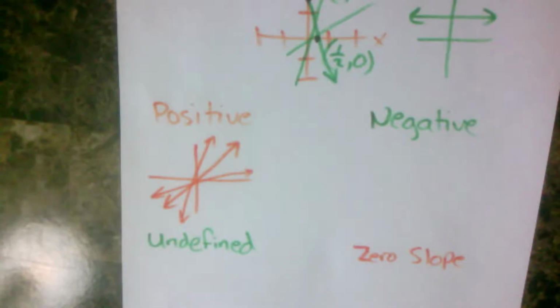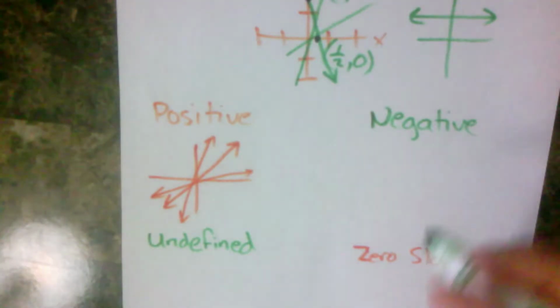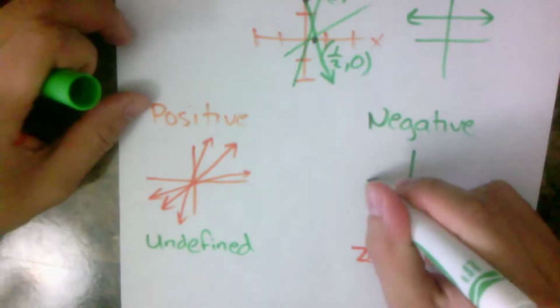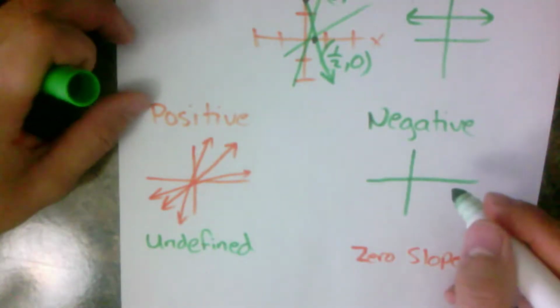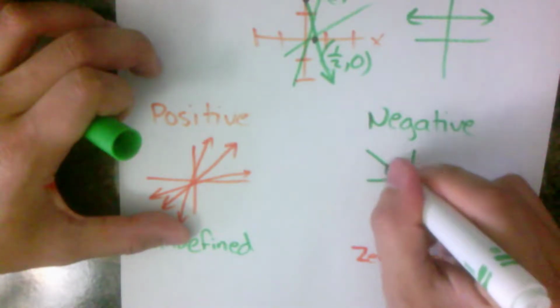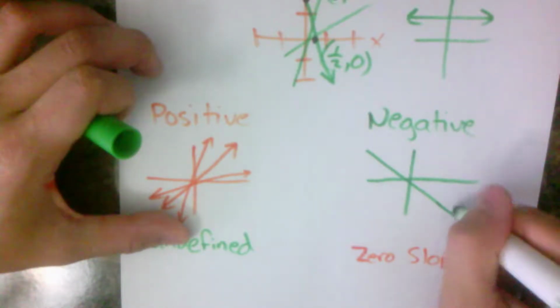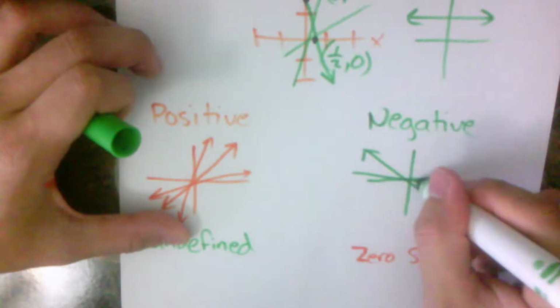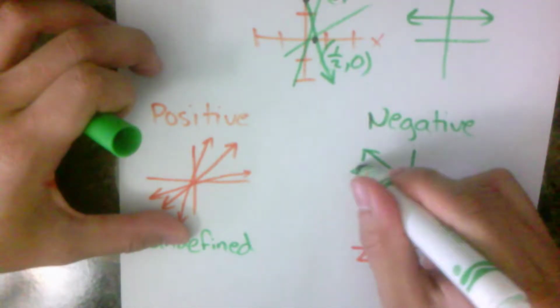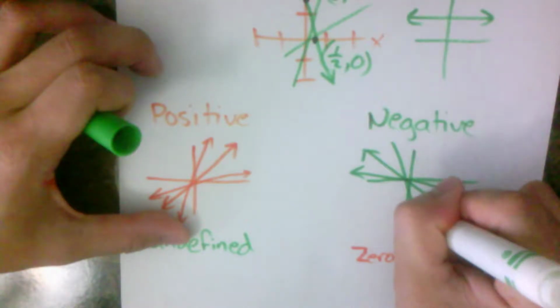On the other hand, a negative slope, if you read from left to right, if a positive slope goes upwards, left to right, then a negative slope you would think would go downwards, left to right. And again, negative slopes can also vary. They can be barely negative. They can be extremely negative.